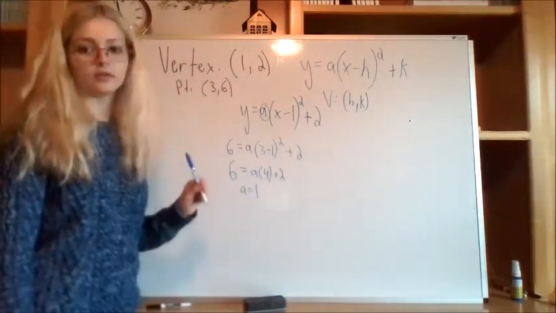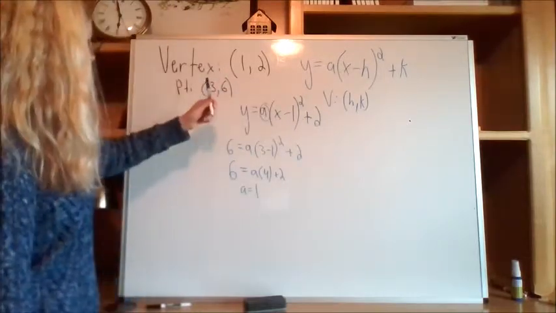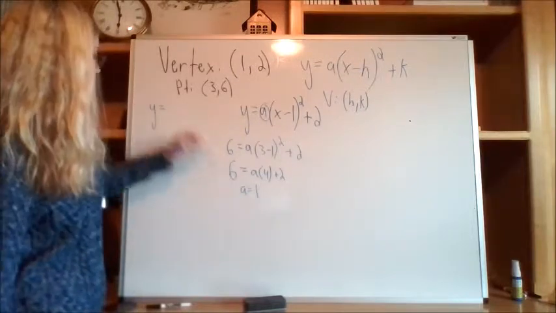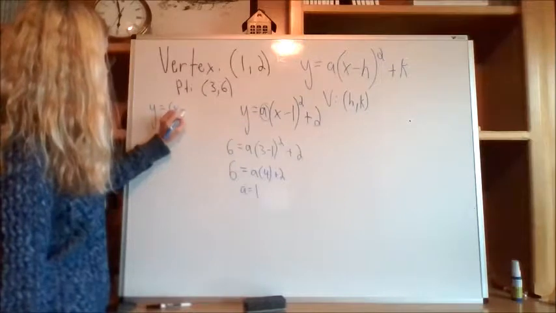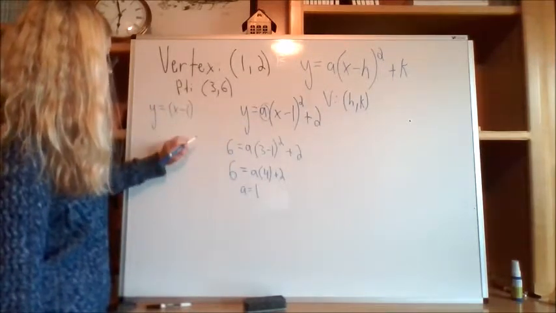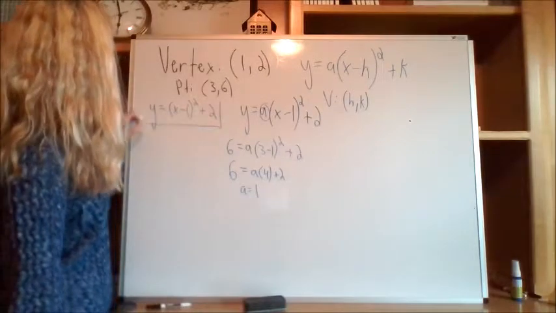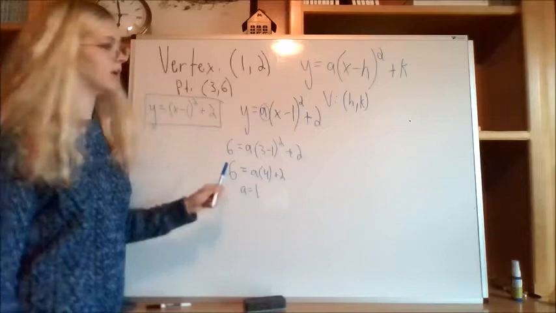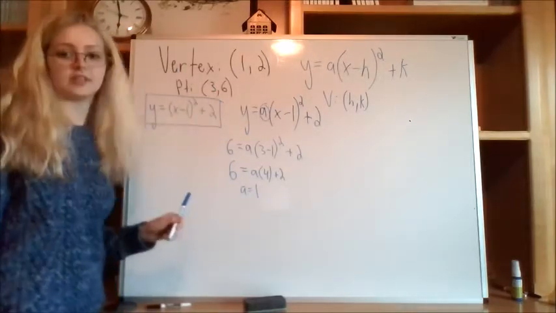So now we can write the equation of this parabola as y equals a, which is 1, times x minus 1 squared plus 2. And we can check this by plugging in our vertex and our point. And we see that it is true.